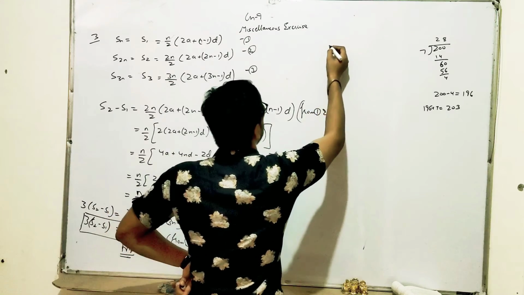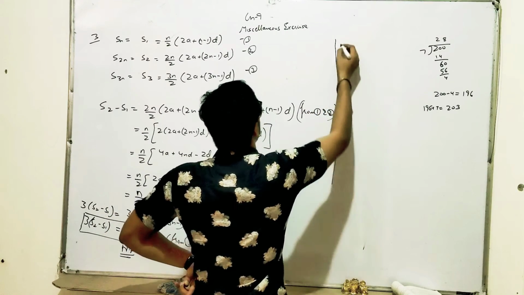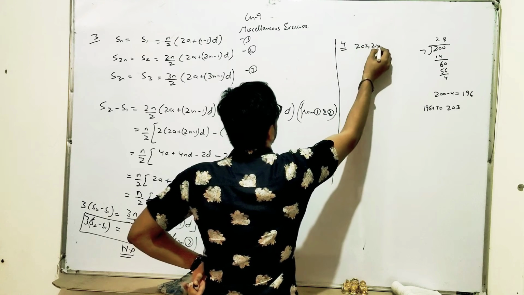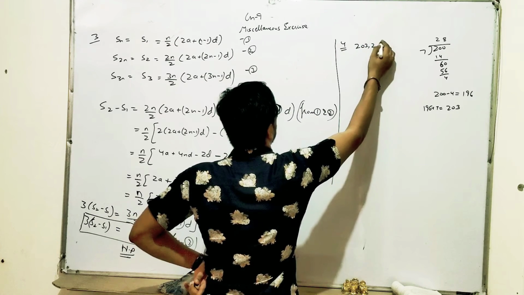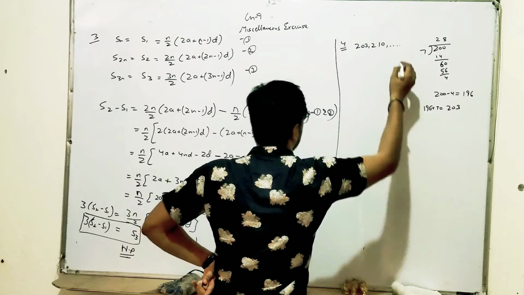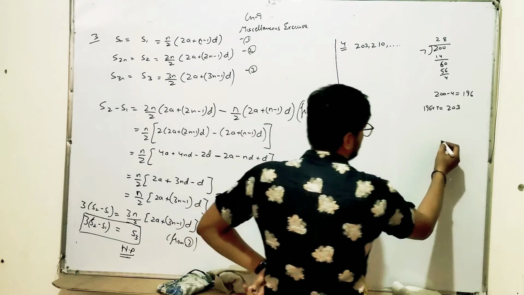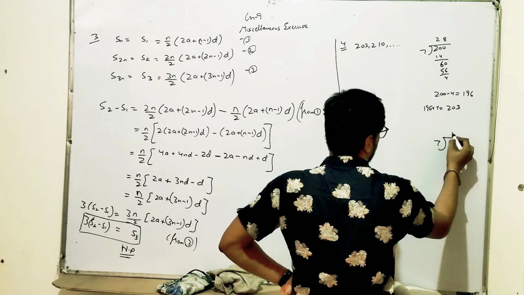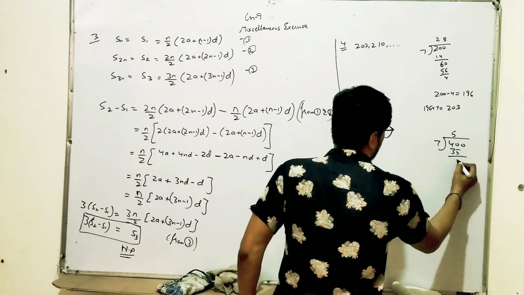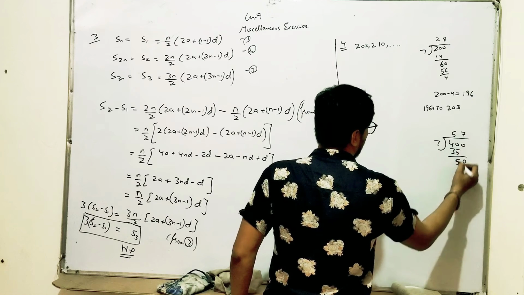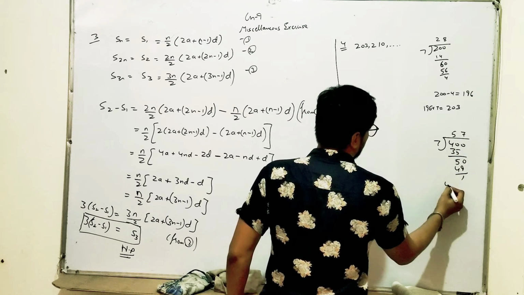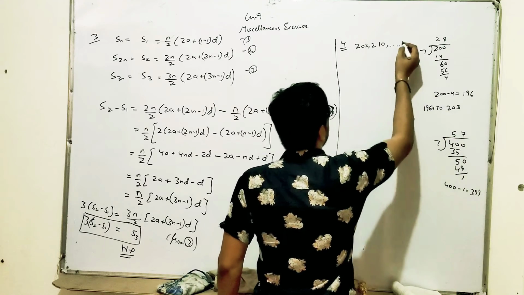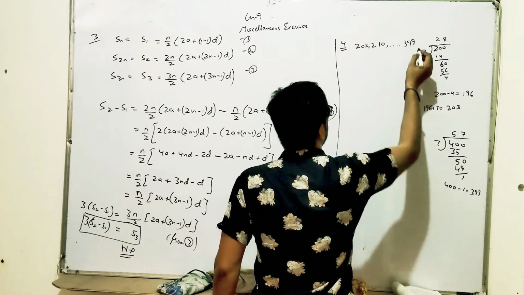So we can say, question number 4: 203, 210, up to the last number, which is below 400. So 400 divided by 7, 7 5s are 35, 50, 7 7s are 49, remainder 1. 400 minus 1 is 399, the last number which is divisible by 7, right?